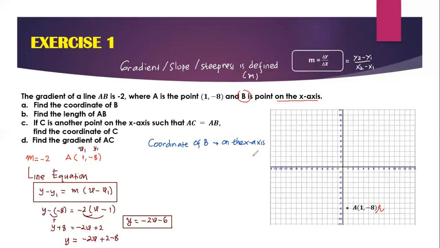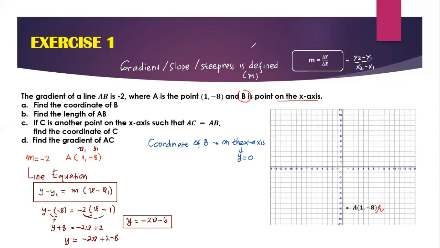B lies on the x-axis means y equals 0. For example, let's say this one is (2, 0). What about this one? (5, 0). Is it clear to you?